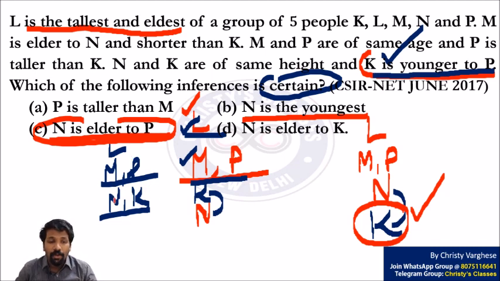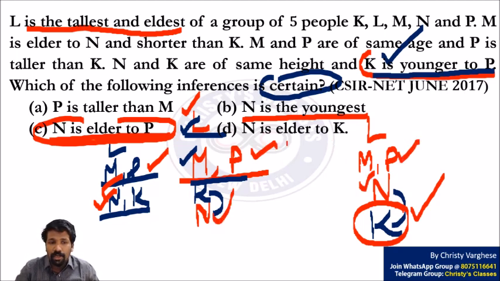About N also we don't know. N can be younger, N can be older, but that is not always true. Because look at these cases where N is younger to P, N is younger to P, N is younger to P. In these three cases N is younger to P. So N is elder to P is wrong. N is elder to K. Again, N is elder to K is possible in one case.